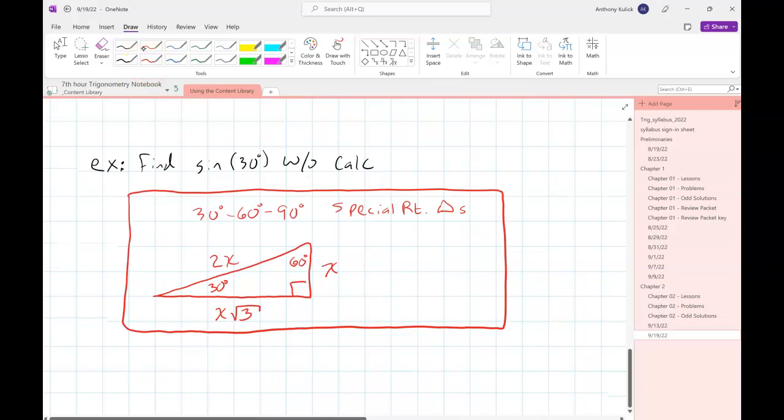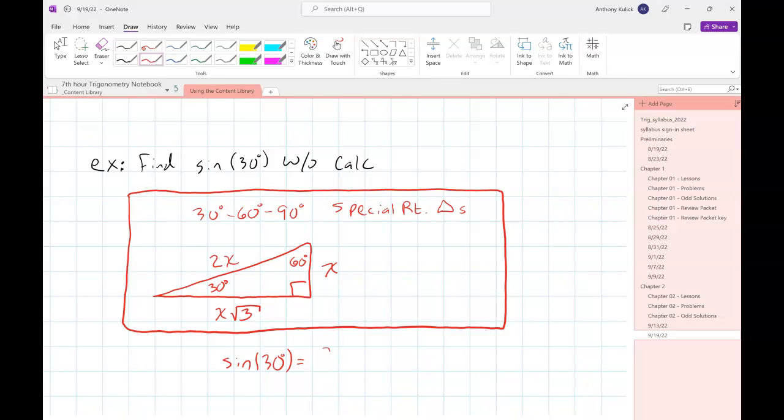So if I use this then, now that I have this pretty drawn and labeled picture, sine of 30 degrees should be opposite, which is x, over hypotenuse, which is 2x. And what does that reduce down to? 1/2.